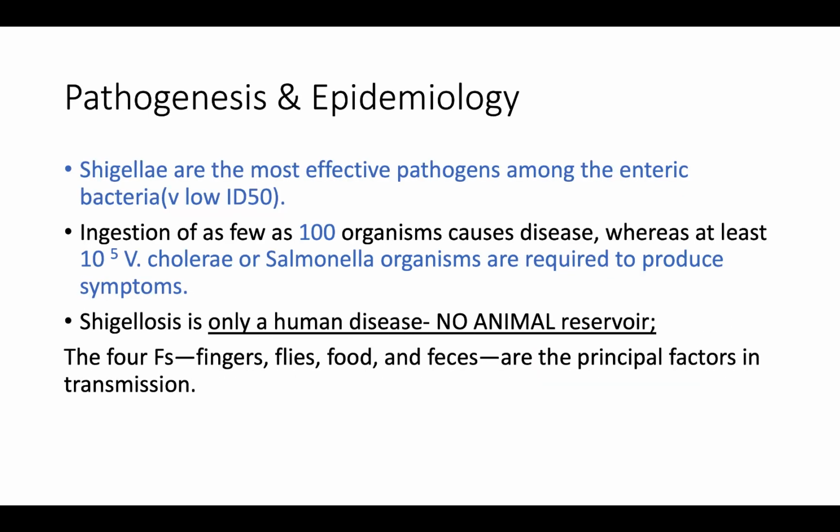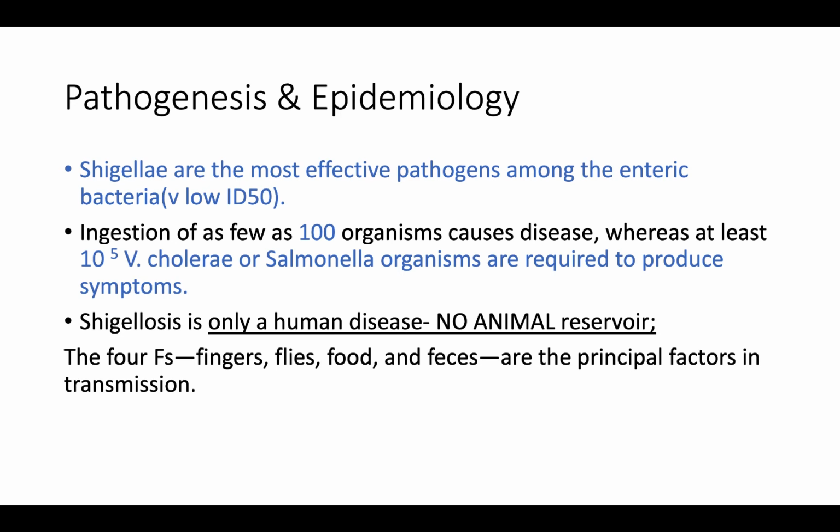Okay, pathogenesis and epidemiology. We covered a very important point: Shigella has the lowest infectious dose. As little as 50 or 100 bacteria can cause disease. This is very, very little. So what does that mean? They can resist the stomach acid, and they can invade the gut.